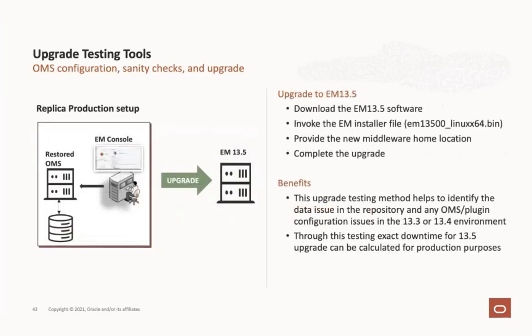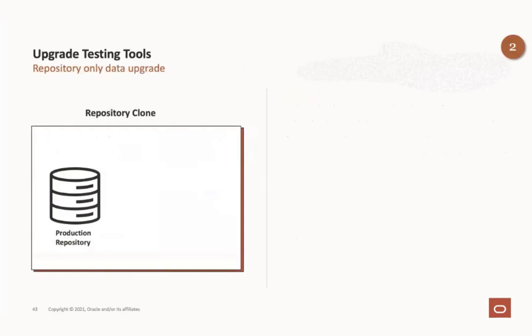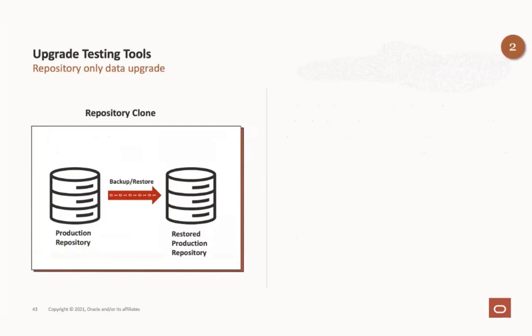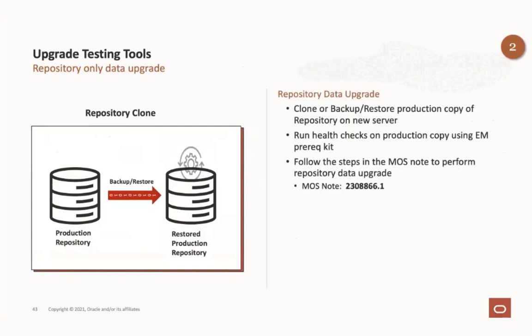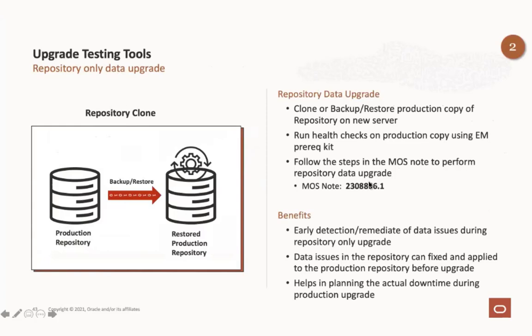Right. And next, if you don't want to go with that method because you don't want to spend time creating the OMS and other things, and if you want to only validate the repository data upgrade, that is also possible, where you can create a clone of the repository and then follow the steps mentioned in this MOS note, which has the standalone steps to upgrade your data inside the repository.